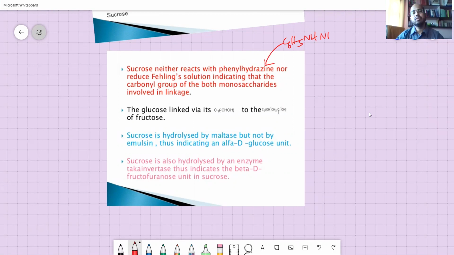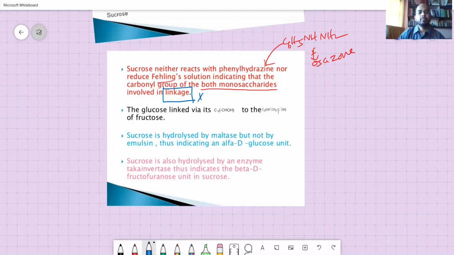It usually reacts with glucose, forming osazone. It's a very important reaction and must not be forgotten. Sucrose neither reacts with phenylhydrazine nor reduces Fehling's solution, indicating that the carbonyl group in both monosaccharides is involved in the linkage. Very important point.